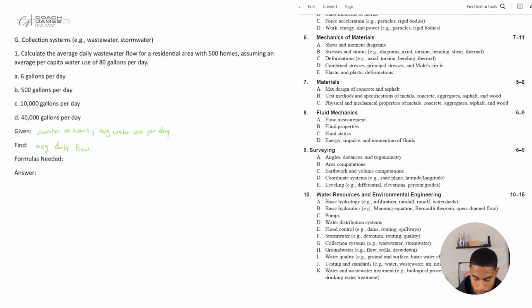All right, so where do we start? This looks like it's going to be a unit conversions question. We just want to find the average daily flow, and we know some information, but we don't know everything. So we know that we have the number of homes, which is 500 homes.